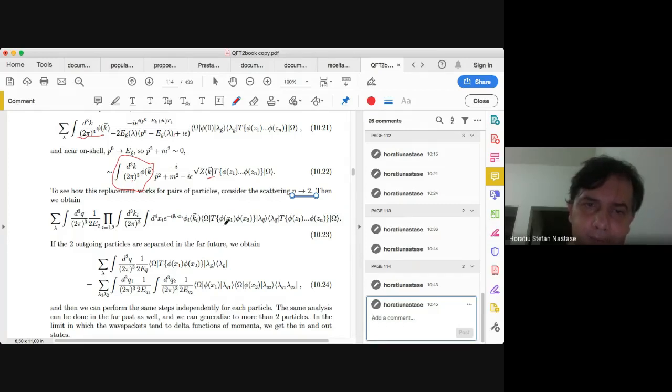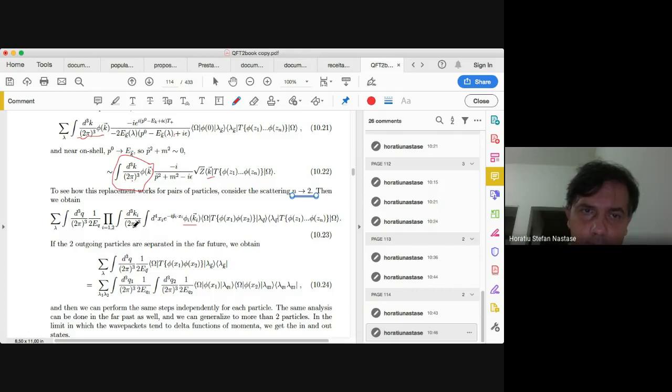Then we obtain the same integral as before, with just this integral over wave packets, and everything else is the same.